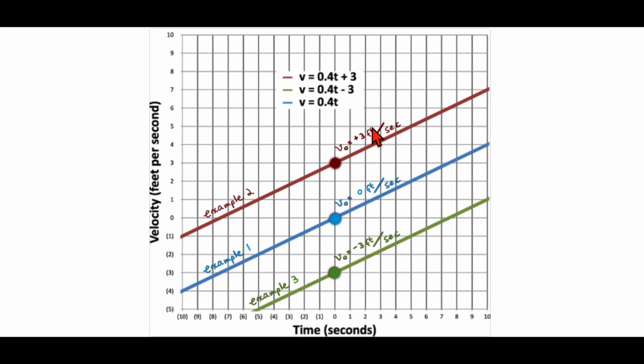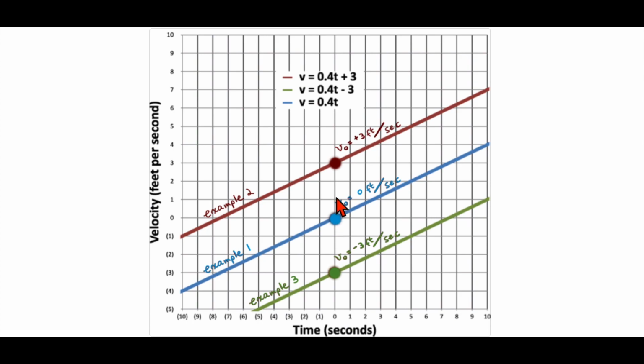It's 4/10 of a foot per second, which is 2.5 seconds to increase its speed by 1 foot per second. So 2.5 seconds increases its speed 1 foot per second, another 2.5 increases its speed another 1 foot per second, and another 2.5 increases its speed another 1 foot per second. So this is at 3 feet per second.